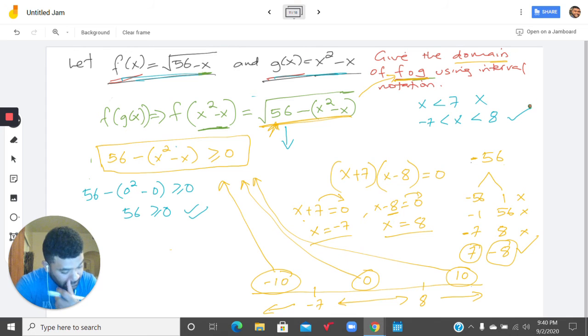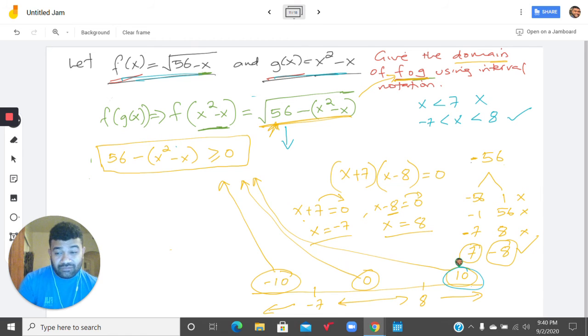Now let's see if greater than 8 is also true. I already picked a number which was positive 10. I could have picked 15, 20, it doesn't matter what number you pick, as long as it's any number greater than 8. You can even pick 8.5 or just 9.